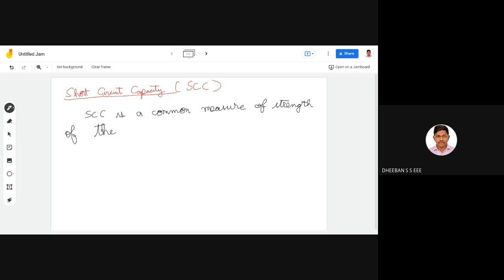Over here the short circuit capacity is represented in terms of MVA.